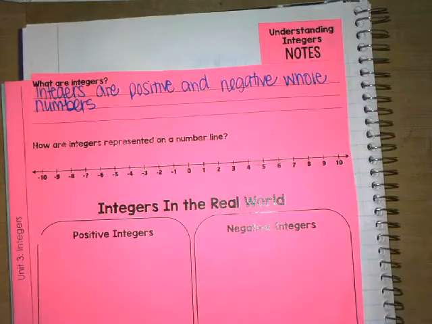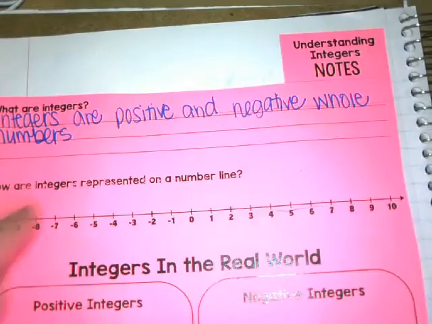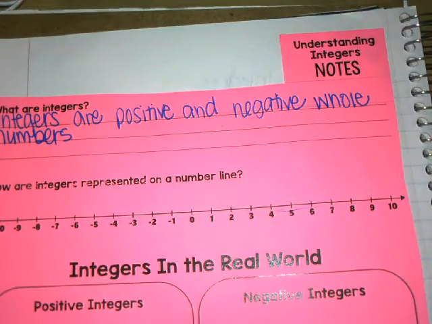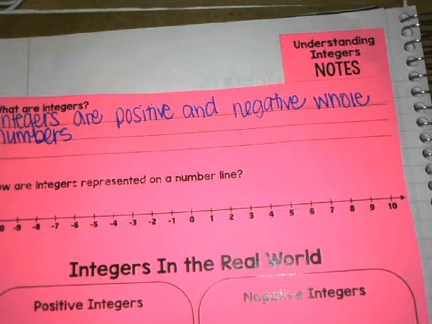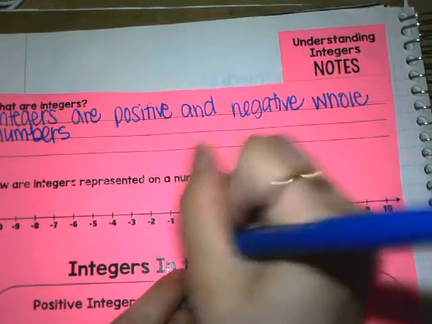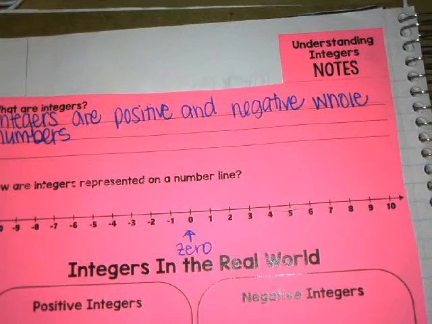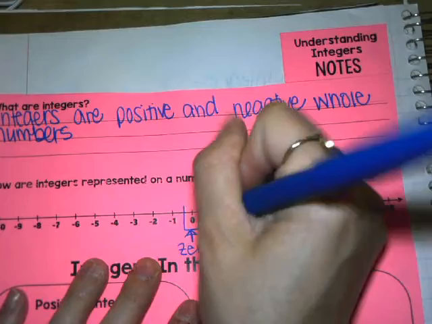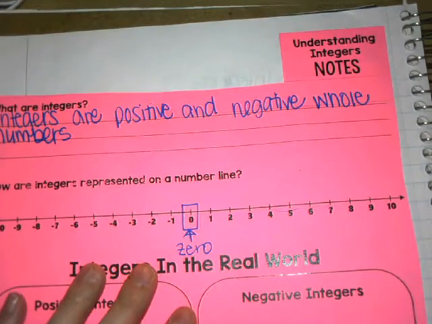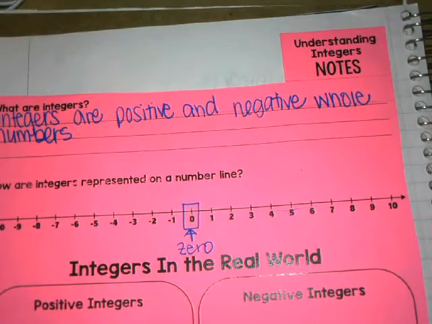Okay, so now if we look, it says how integers are represented on a number line. Here's your number line, guys. You have to be able to draw a number line. 0 is always in between your positives and negatives. Always. 0 is what breaks the two apart. Positive numbers always go what direction? Right. Always.